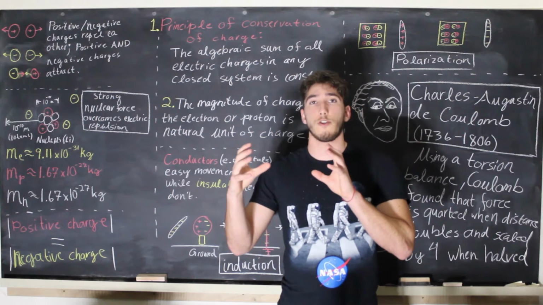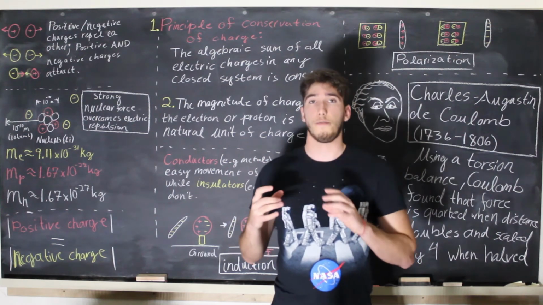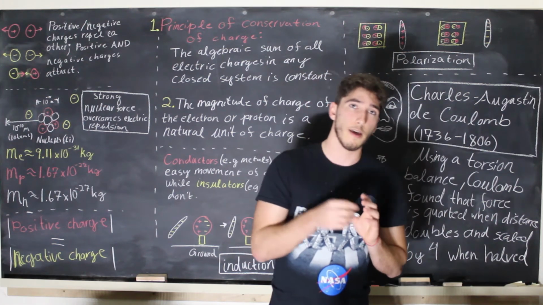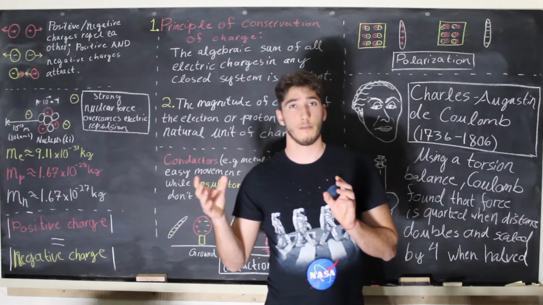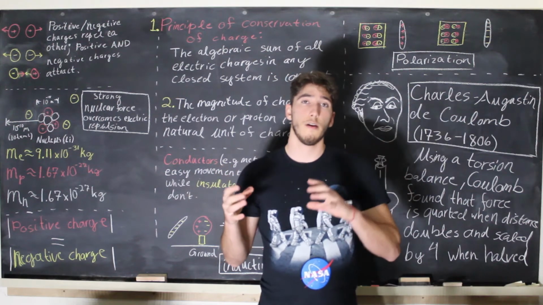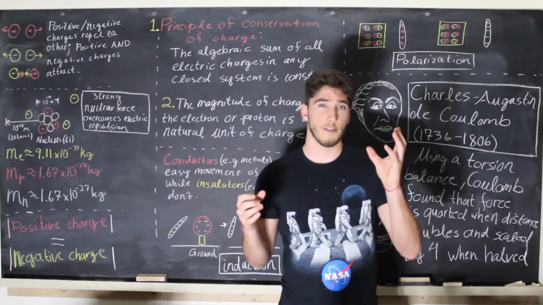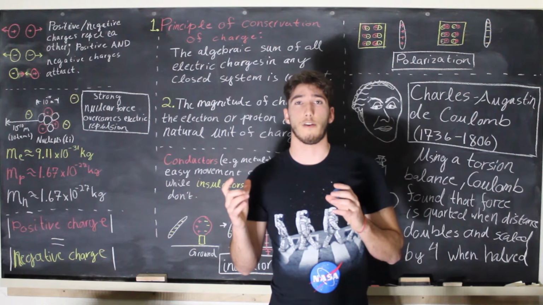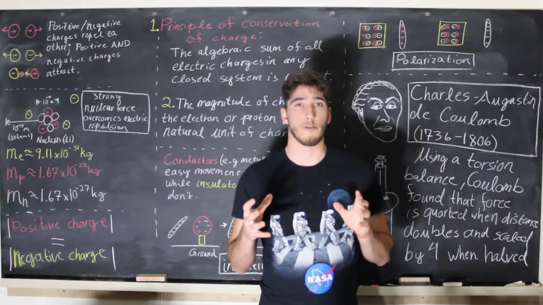Rather, the charges transferred from one object to the other. If electrons transferred from one object to the other, then one of them will be positively charged and the other negatively charged if they started both neutrally charged.